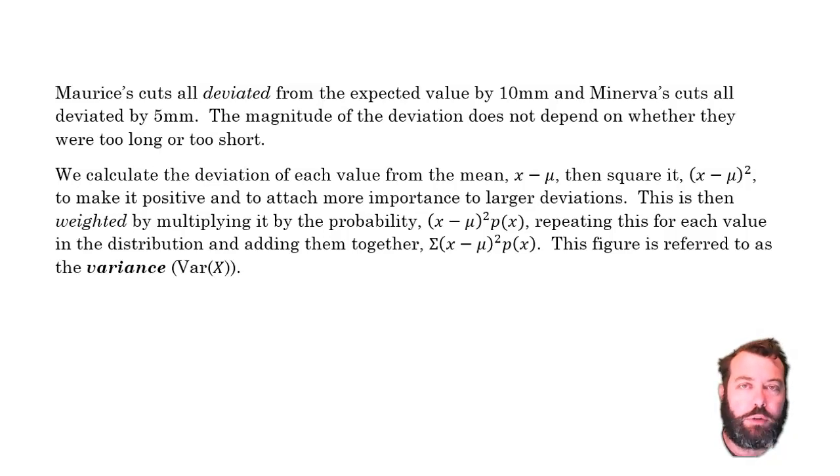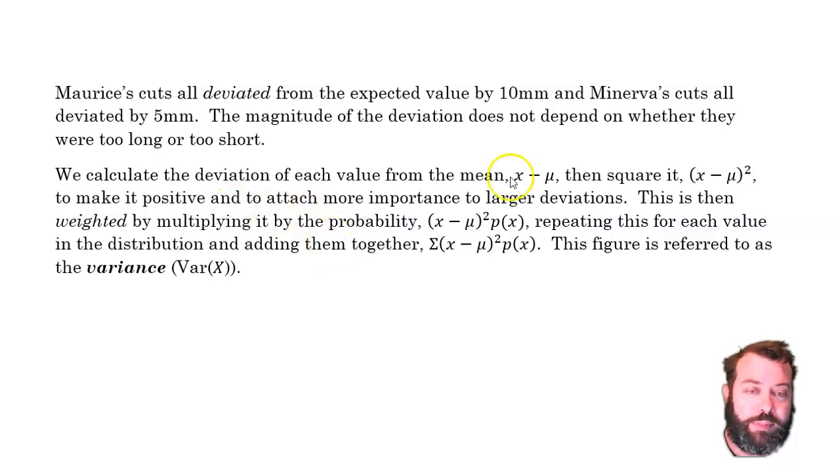Then, just as we did with expected value, we add all of those together. So this is what we have here, the sum of the square of the deviations multiplied by the probabilities. And this figure that we produce there is called the variance, right? That's a measure of how much spread there is in those values.